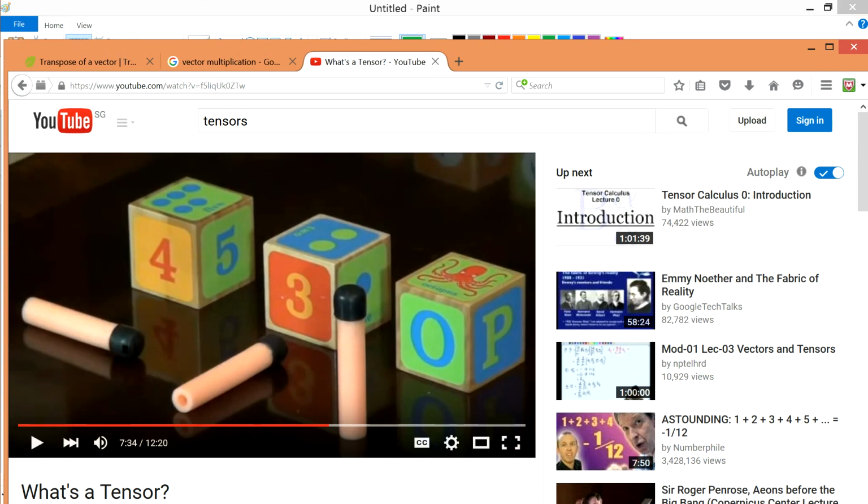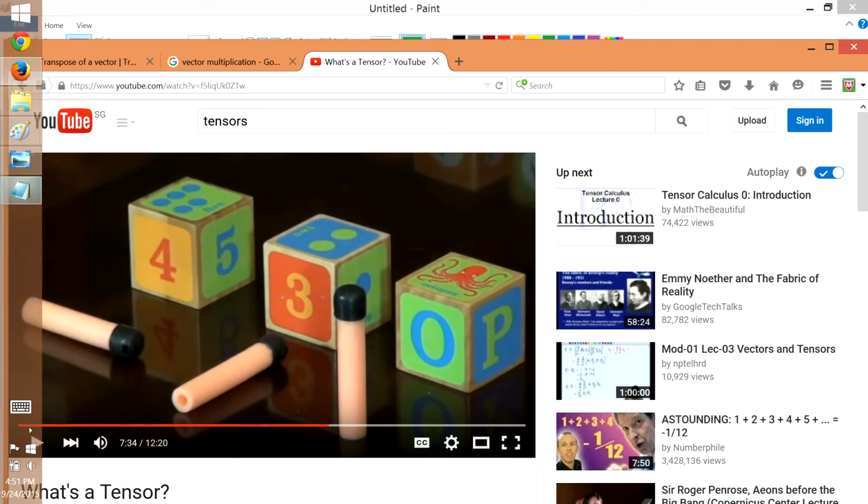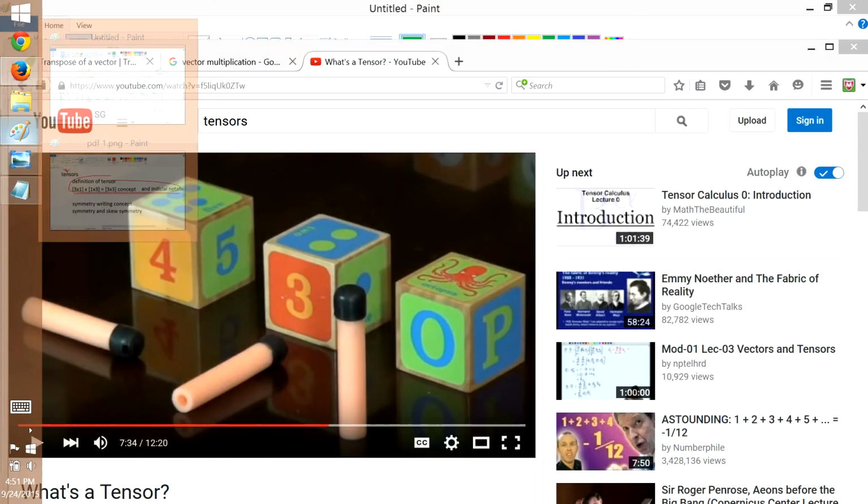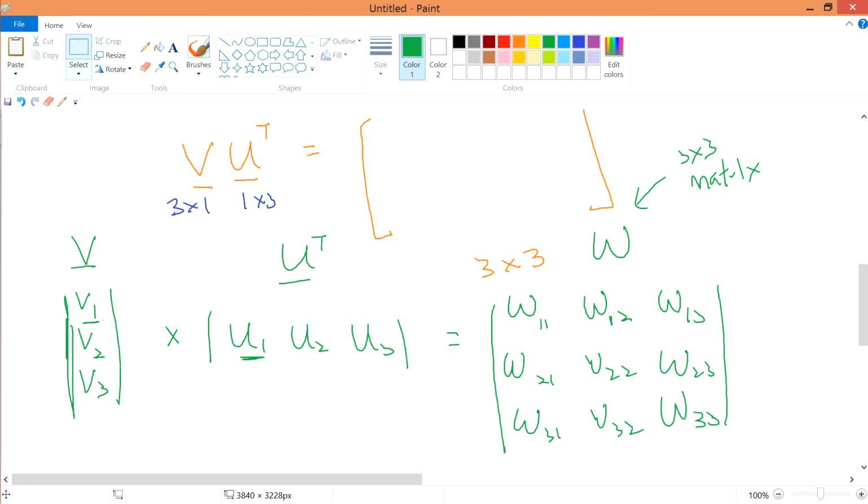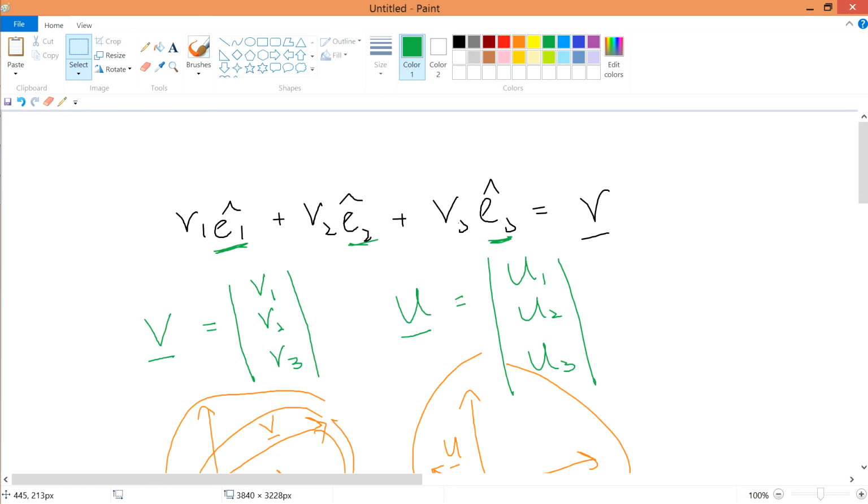Before starting this video, I'd like to let you know that these cubes, these boxes, are called the components, or in other words, V1, V2, and V3, some values that stand as something like a scalar.